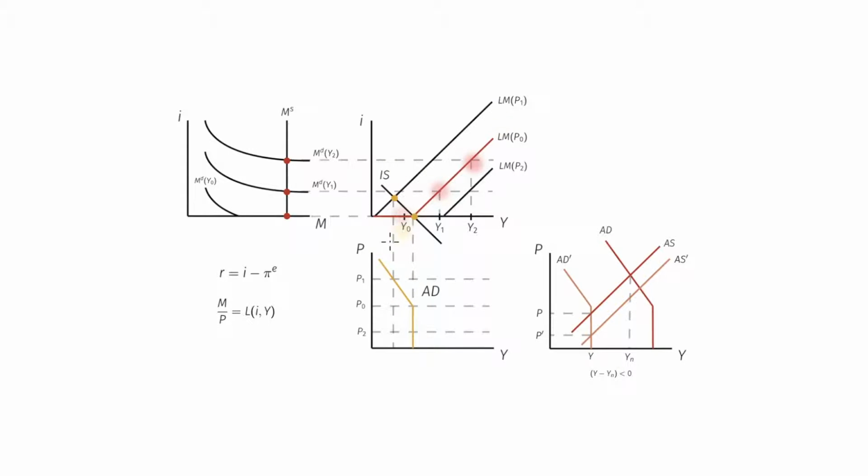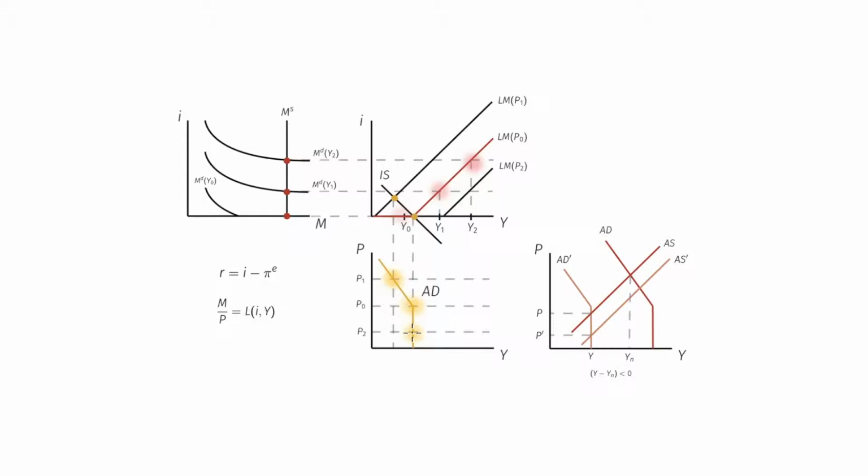For P1 we have this intersection as the equilibrium, so we put it here. For P0 we have this intersection point, and for P2 we again have this point as the intersection.